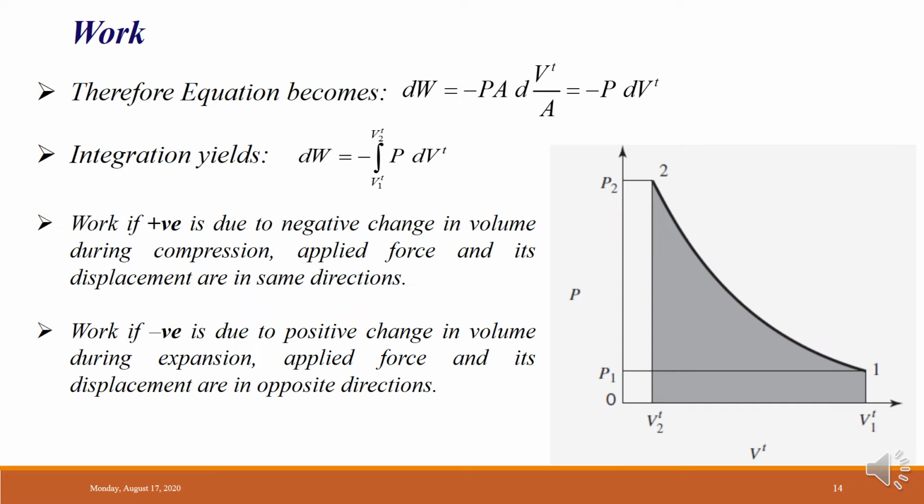And work is negative due to positive change in volume, so initial volume is less and then final volume is more, so then it is a positive change here, right? And displacement is in opposite direction, so expansion, so opposite direction, force is in different direction and volume change in opposite direction. That's why you will get negative sign there also, so that's why again dW is equal to minus P dV, that negative sign is considered, so it will be taken.